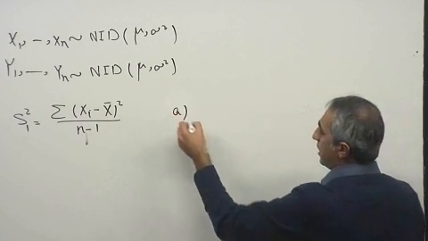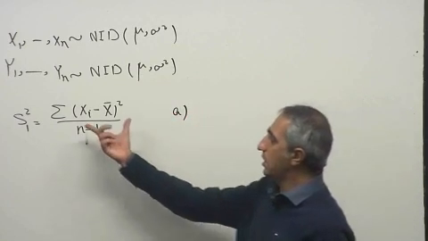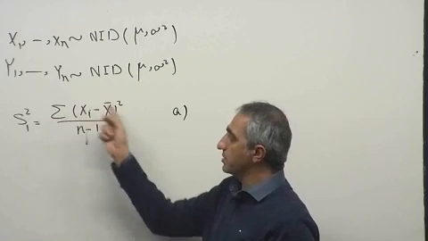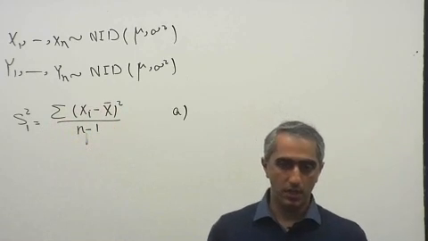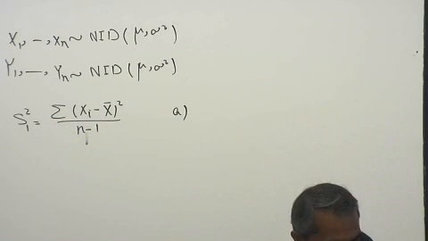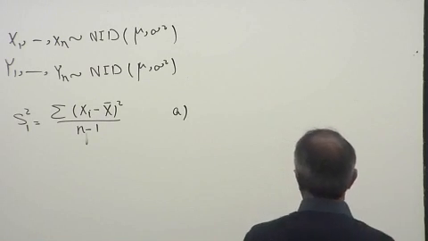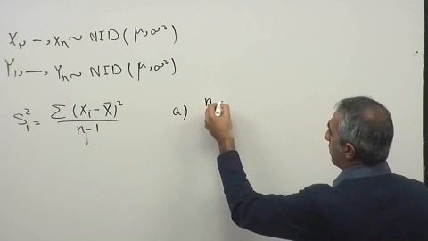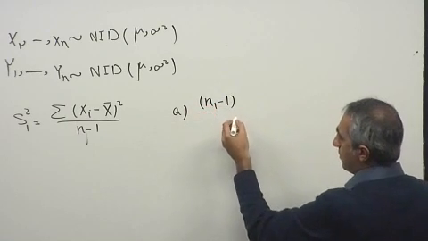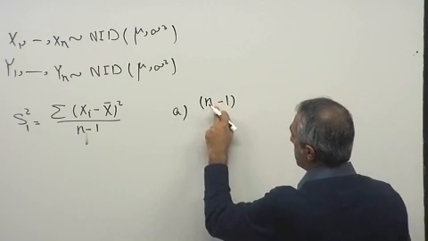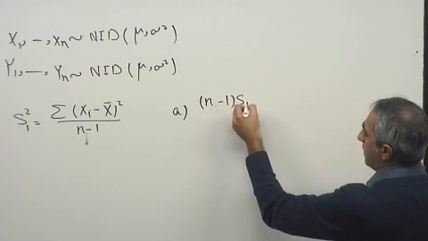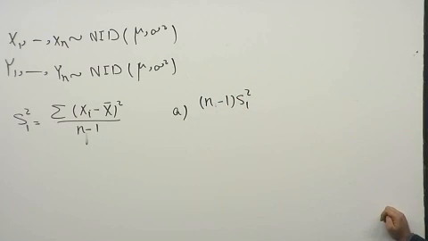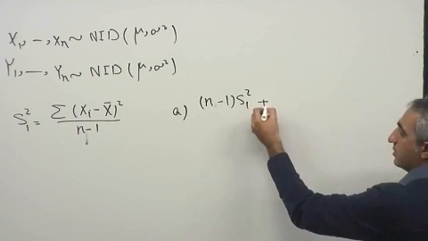Because for part A, I'm going to replace the numerator. Because both of them are the same, n minus 1 is S1 squared. How about the second one?